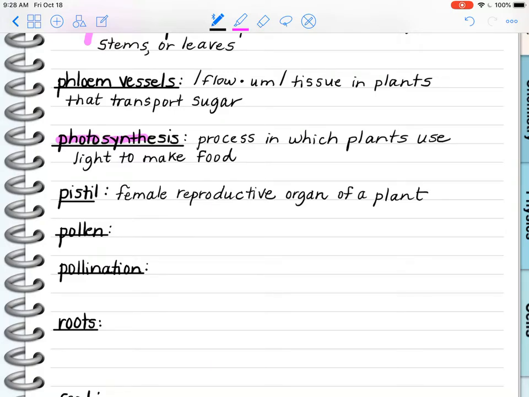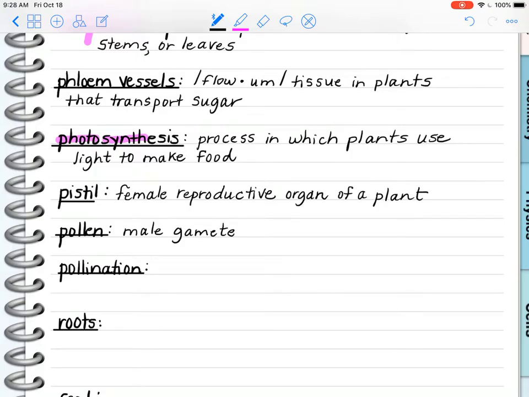Pollen. You've probably heard of pollen and know what that is. You know that the bees use it to make honey. You also know that some people are allergic to pollen. Pollen is actually the male sex cell of a plant, the male gamete. In a human male, we would call it the sperm cell.